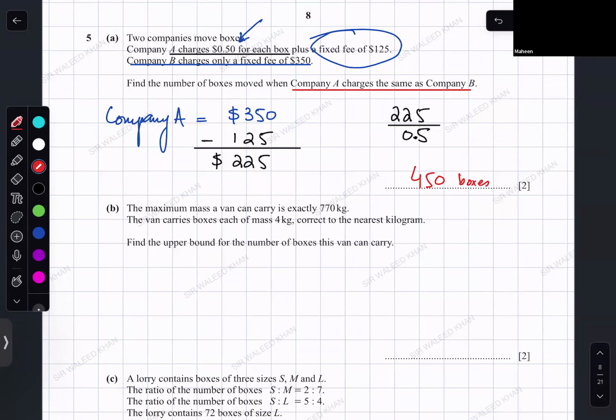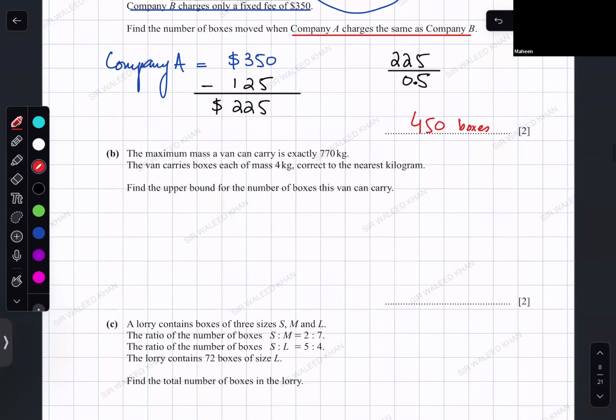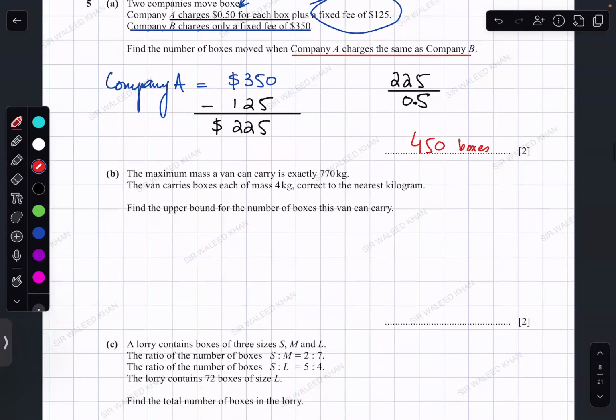Yes. The maximum mass the van can carry is 770 kg. The van carries boxes, each of mass 4 kg, correct to the nearest kilogram.